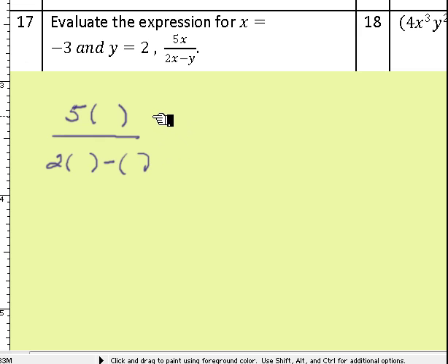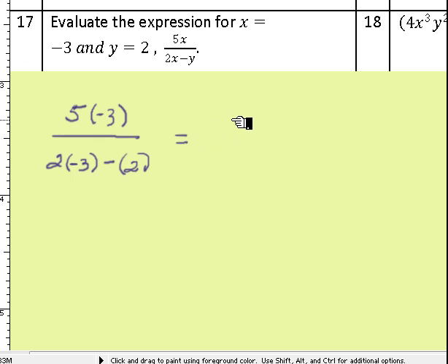So for 5x, we write 5 times parentheses, divide by 2x minus 7, 2 times parentheses, minus parentheses. So now we have a place to substitute. First of all, the x equal minus 3, that would go here and here. And the y equal 2 goes here. And now we're ready to just continue evaluating.